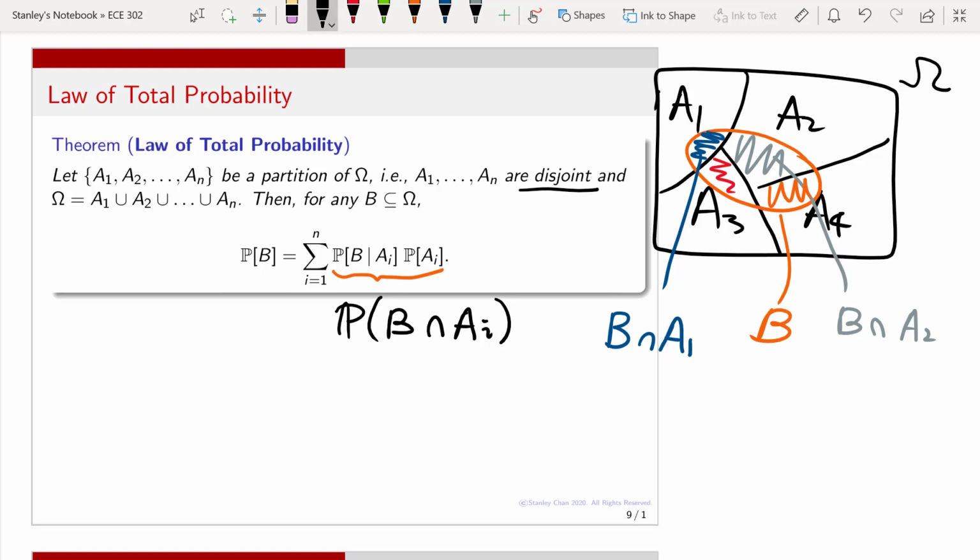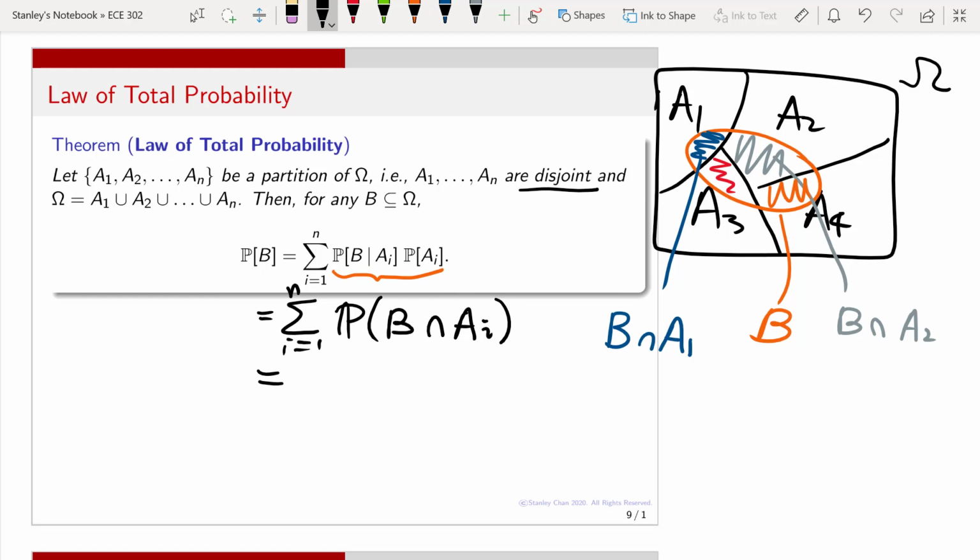Now, how do we prove that? The proof should be pretty straightforward according to this diagram, because if you start with the right-hand side, then each of these is the intersection. And so now you are summing over all these intersections.